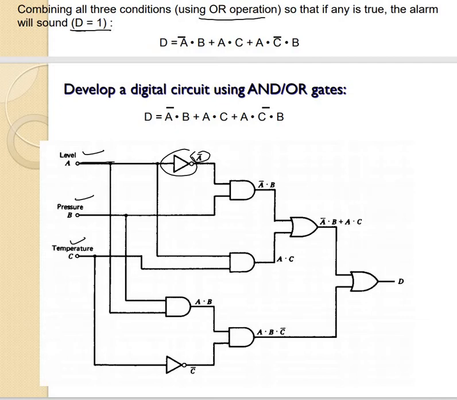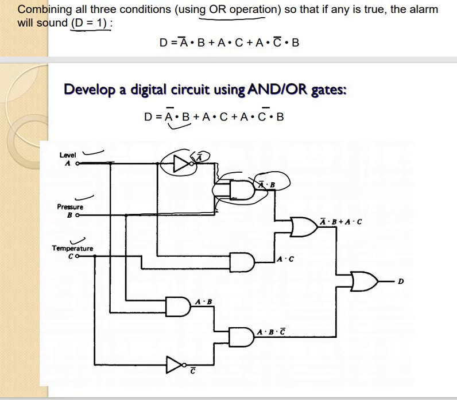B here is input to the AND gate, so that we will get complement of A dot B. Okay, settled for the first condition.